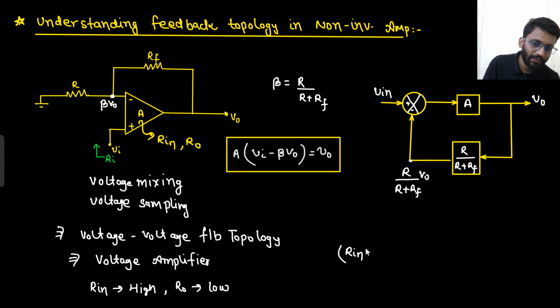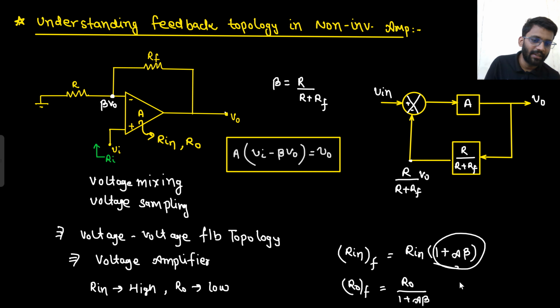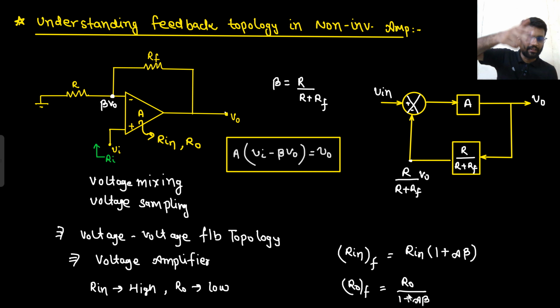Rin with feedback. You want your Rin to be high, so it would be Rin into 1 plus A beta. If you want it to be low, that means this factor should come in the denominator. If this is being multiplied, that means it is increasing. If it is coming into the denominator, that means it is decreasing.